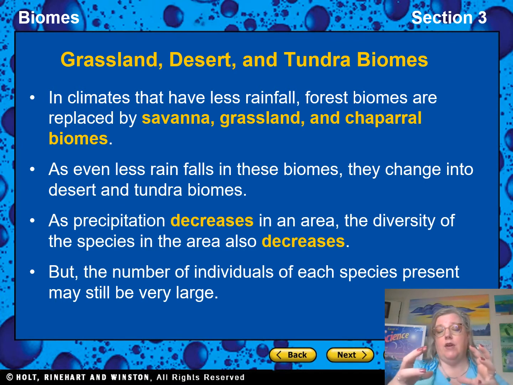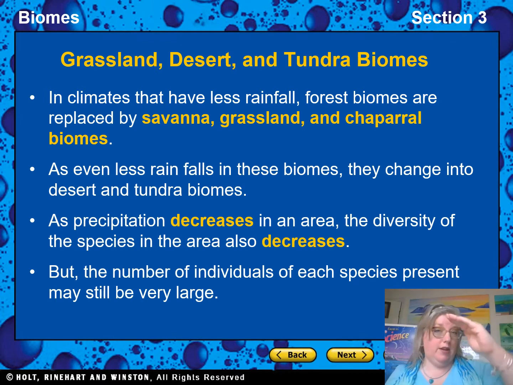So it doesn't necessarily limit the number of animals, just the number of types of animals that can live there. You can still have a whole bunch of animals. Think about a herd of buffalo or a herd of wildebeests. You could have a bunch of animals, but you have fewer types of animals.